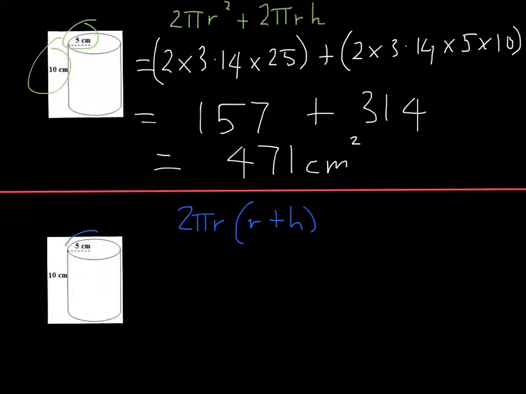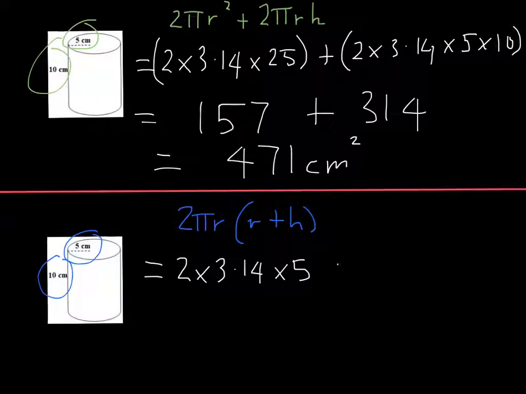Let's have a look at the second cylinder. Same cylinder, so we should get the exact same values, but I'm using the formula that has been factorised. You might find this easier, you might find this more difficult. Whatever works with your mind is spot on. So 2 times pi, which is 3.14, times the radius, all multiplied by what's in the brackets: r plus h, radius plus height, 5 plus 10.